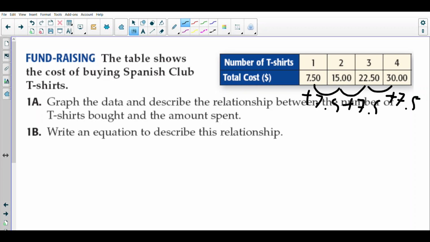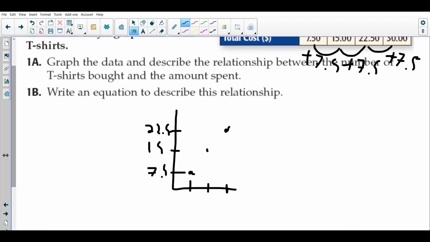If we were to graph 7.5 and we get 1, we end up right there. 15 and 2, right about there. 22.5, 3, right about there. So it looks like we have another proportional relationship, because if we were to put in 0, we would go right through that spot there. So once again, this is proportional.